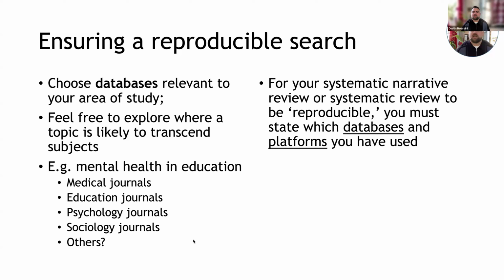Okay? And again, this helps to ensure a reproducible search. So choose the databases relevant to your area of study. Again, mental health and education, it's going to be a broad range of journals that you'll find that topic in. So again, for your systematic narrative review to be reproducible, you must state which databases or platforms you have used.